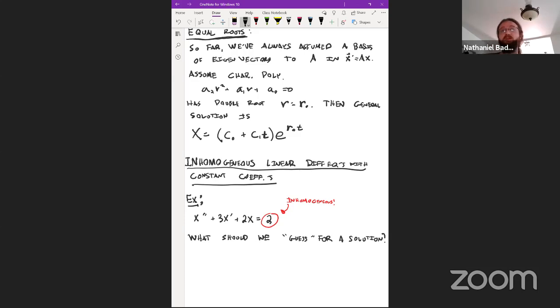X equals 1 is in fact a great guess. And I would say even more generally, since the right-hand side is constant, well, let's guess a constant.